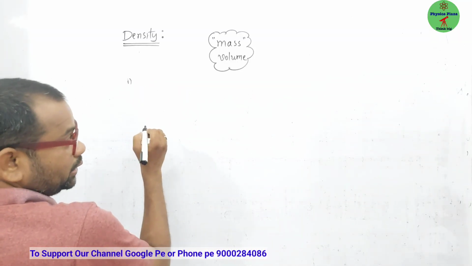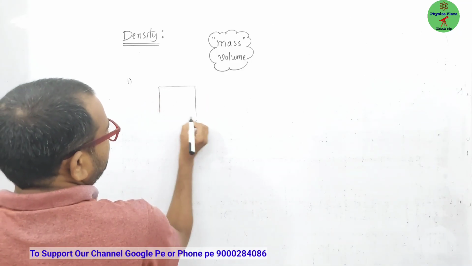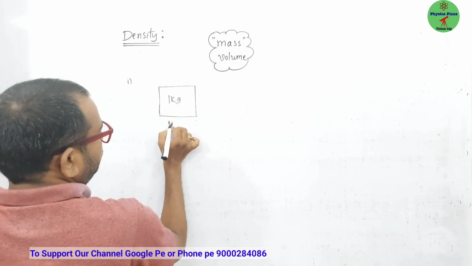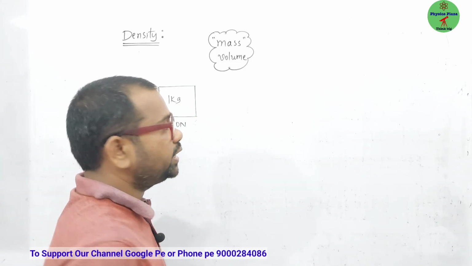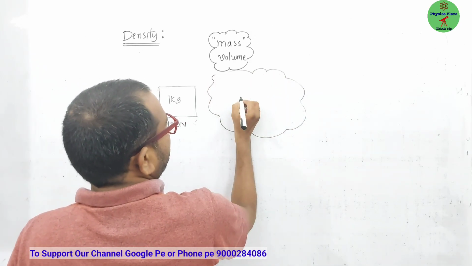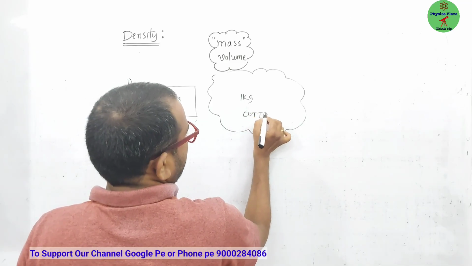Let us take 1 kg of iron and 1 kg of cotton.